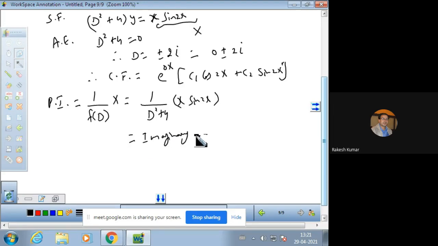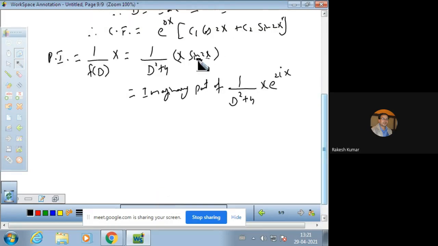That will be the imaginary part of 1 upon d square plus 4 into x e raised to power 2 iota x. Now, the trigonometric term sine 2x can be written in exponential form because we know that e raised to power iota x is equal to cos x plus iota sine x.